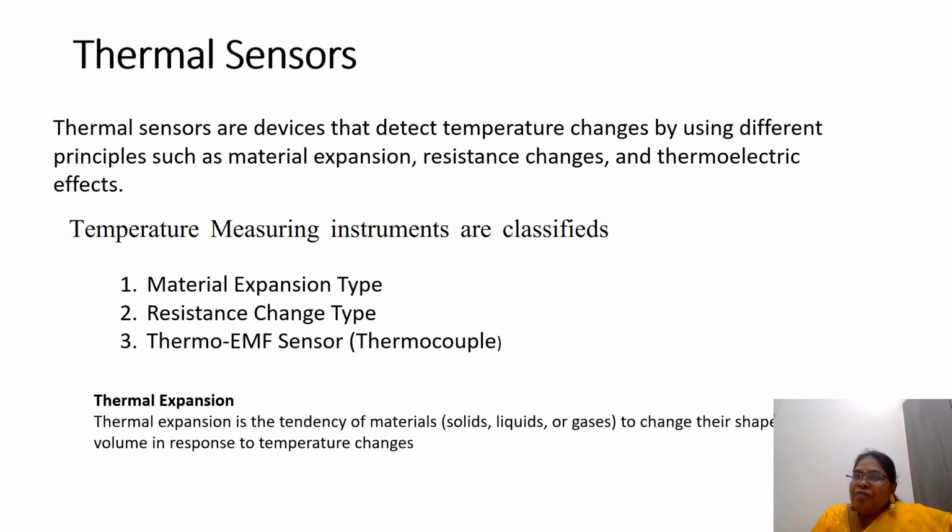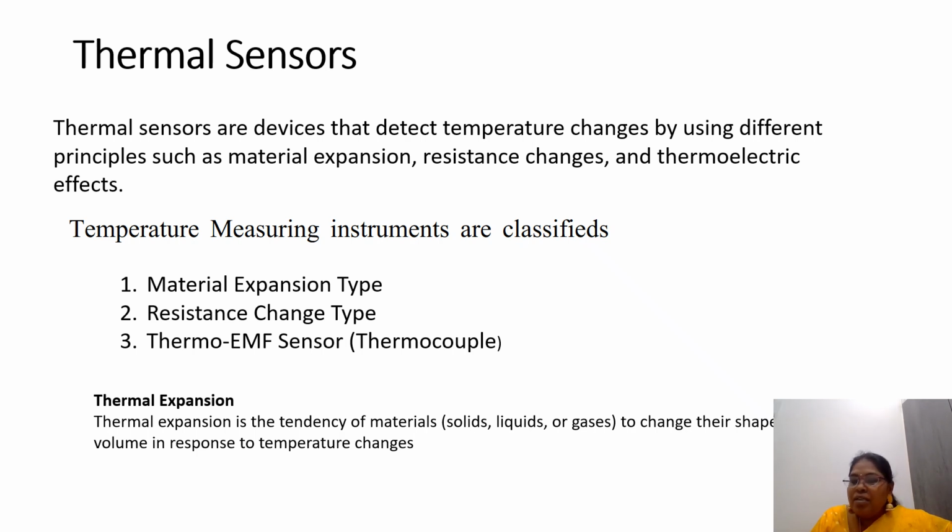So these are the three different categories we can categorize in thermal sensors. One is the material expansion type, the next one is the resistance change type, and the third one is the thermo EMF type.